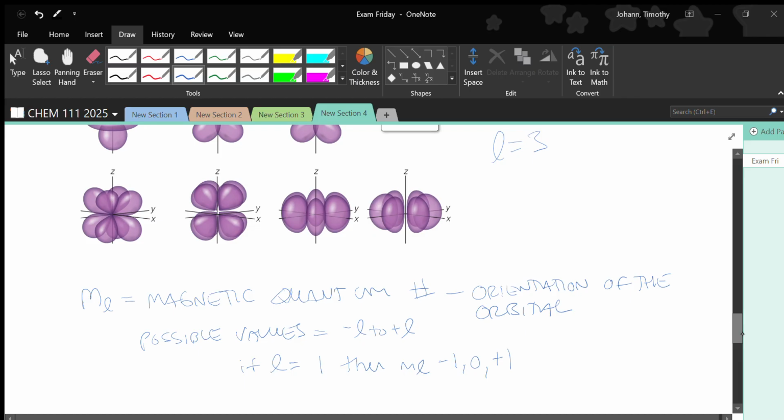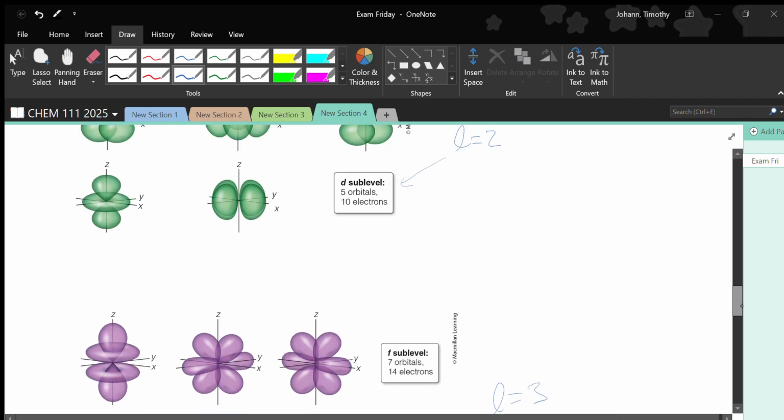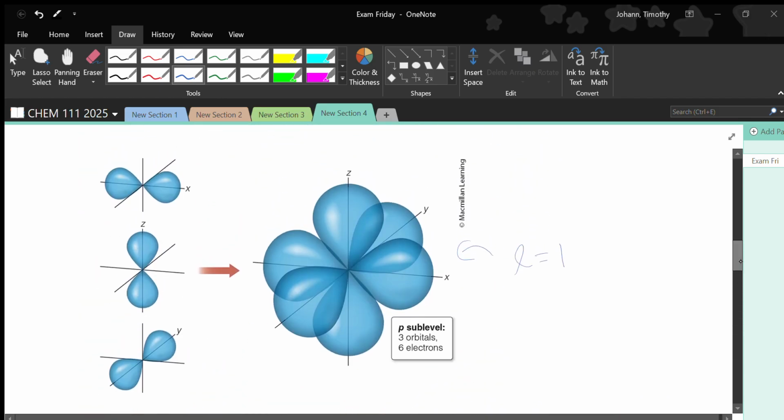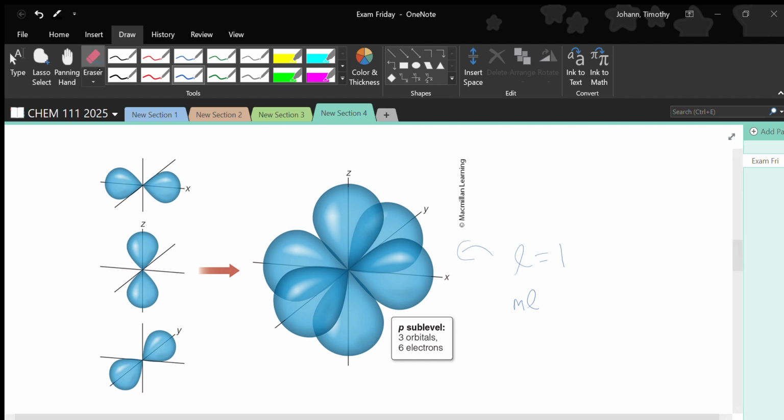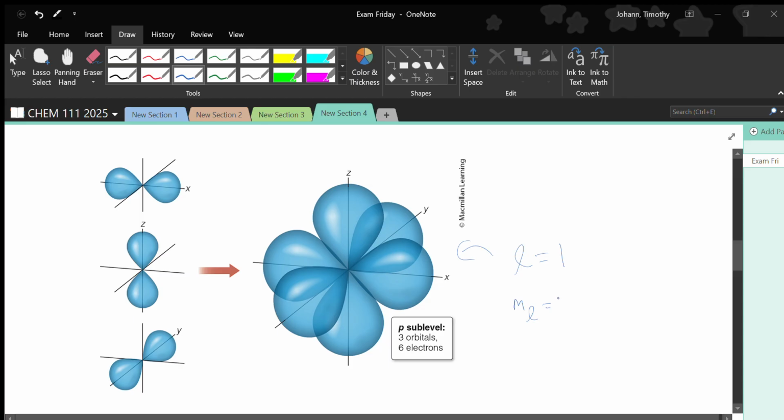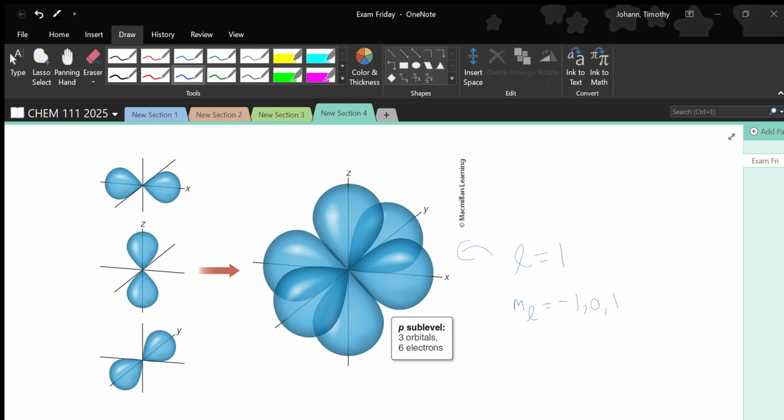So let's go up to our orbitals again. So we just did this one. So M sub L here is going to be equal to -1, 0, 1. And I'm sure that these are designated which is which, but one of these is -1, one of these is 0, and one of these is +1 in terms of the orientation.